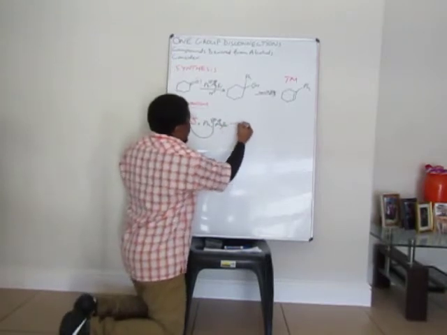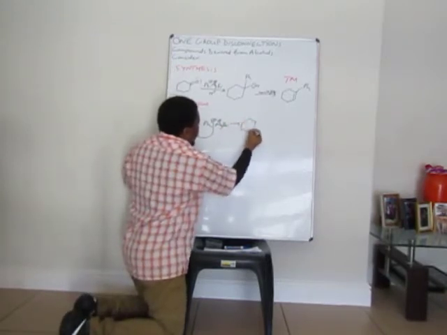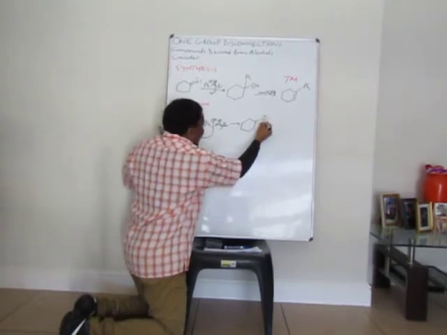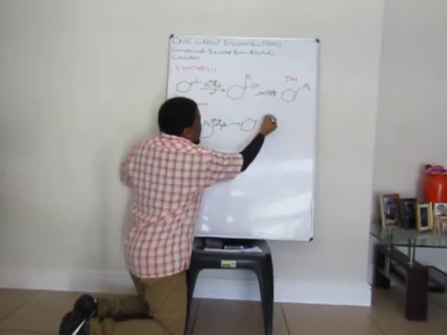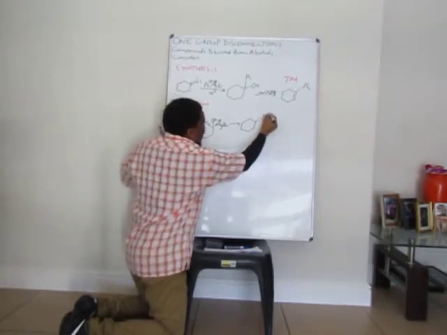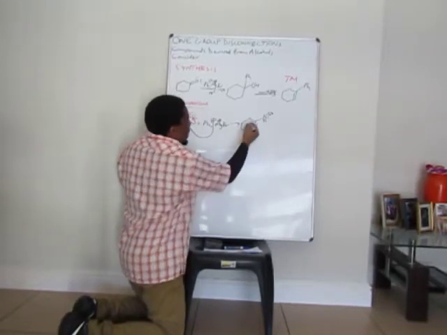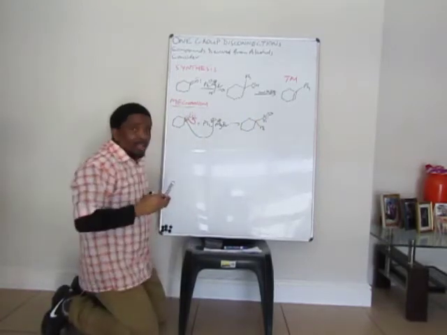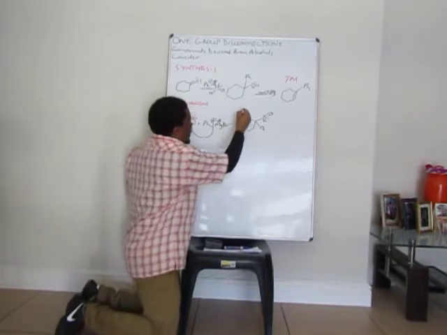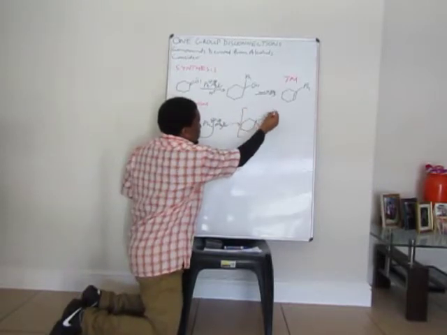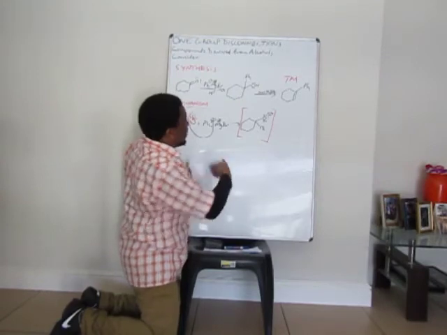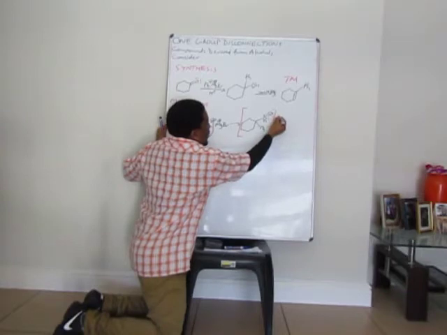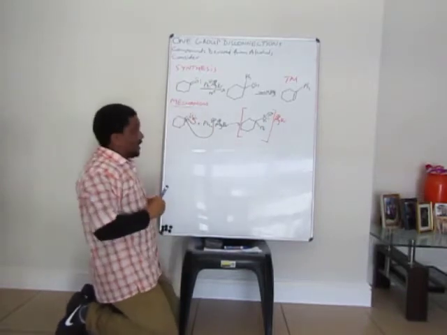We generate this species: oxygen with lone pairs, making it negative in charge, and the phenyl group in that ring. So we have generated an alkoxide, our intermediate. To balance that, we've got our MgBr, which is positive in that case.